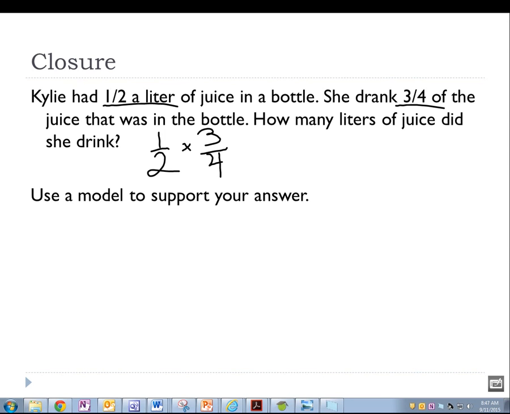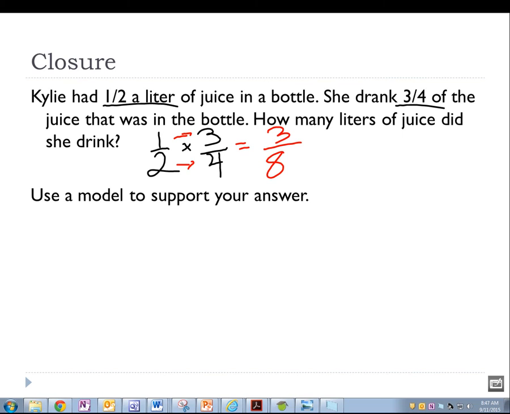The beautiful thing about multiplying fractions is all you have to do is multiply straight across. 3 times 1 is 3. 2 times 4 is 8. Multiplication is the easiest one that you'll do.